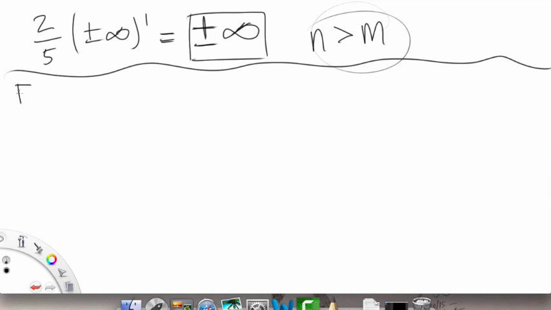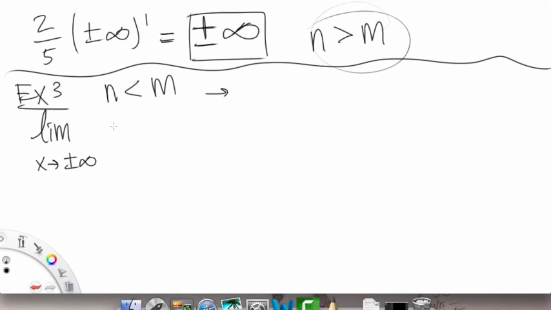Example number 3. The other case we could have is if n is less than m. I'll show you in the example. Let's say we have the limit as x goes to plus or minus infinity of 2x to the fourth plus x to the third, over x to the sixth plus 2.